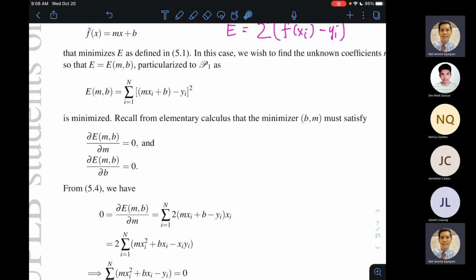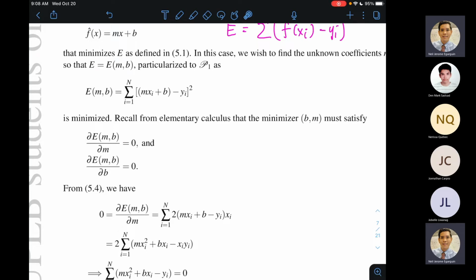And whatever points m and b satisfy that equation, then they are the critical numbers, meaning sila yung mga candidates para magbigay ng minimizer ni function E. Alright? Kaya siya necessary condition. Kasi kung siya yung minimizer, dapat mag-zero yung partial derivative sa kanya. Alright? So we'll use that fact.